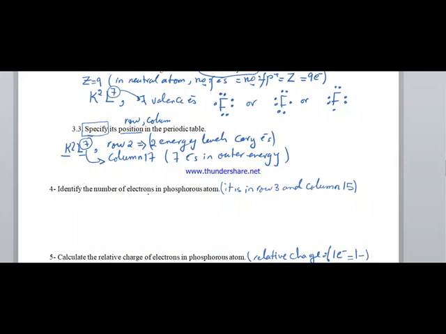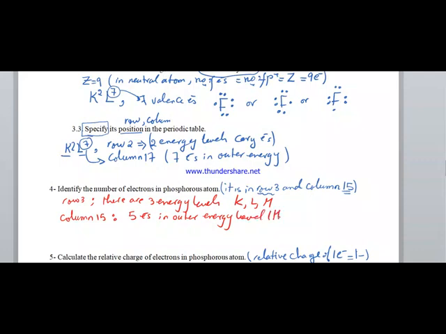Identify the number of electrons in phosphorus. In this exercise, phosphorus is in row 3 and column 15. Also it needs explanation. Row 3 means there are 3 energy levels, K, L and M. Column 15 means 5 electrons in the outer energy level.